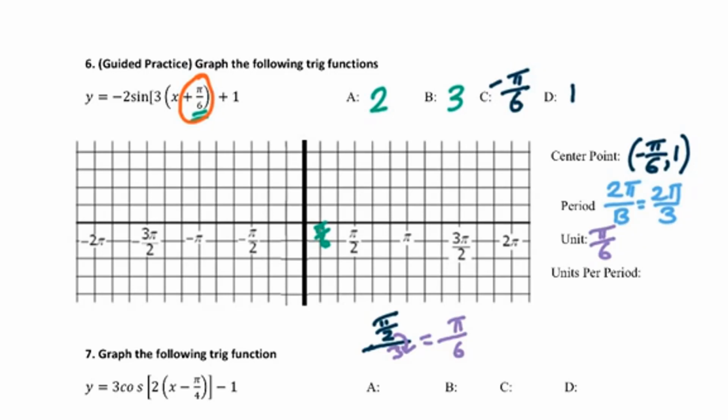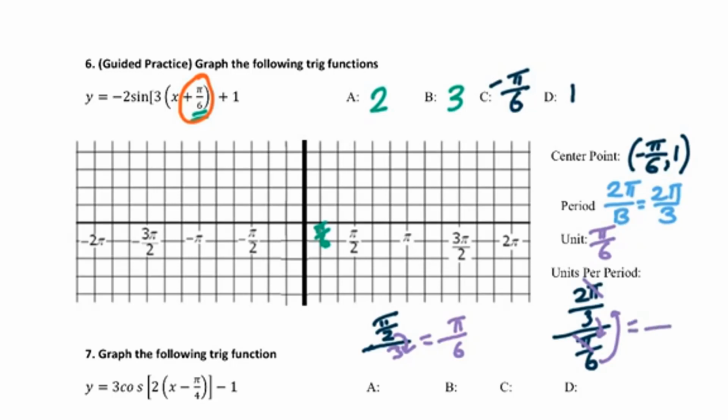Then we will figure out how many units per period. In other words, for one period, how many units you will get. So we do period 2 pi over 3 divided by pi over 6. If both denominators we reduce, then this 6 jumps up and 3 goes down.